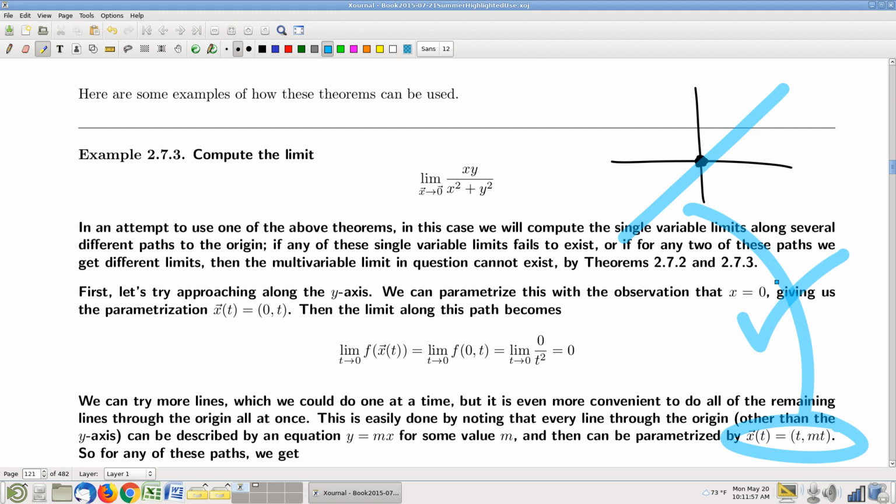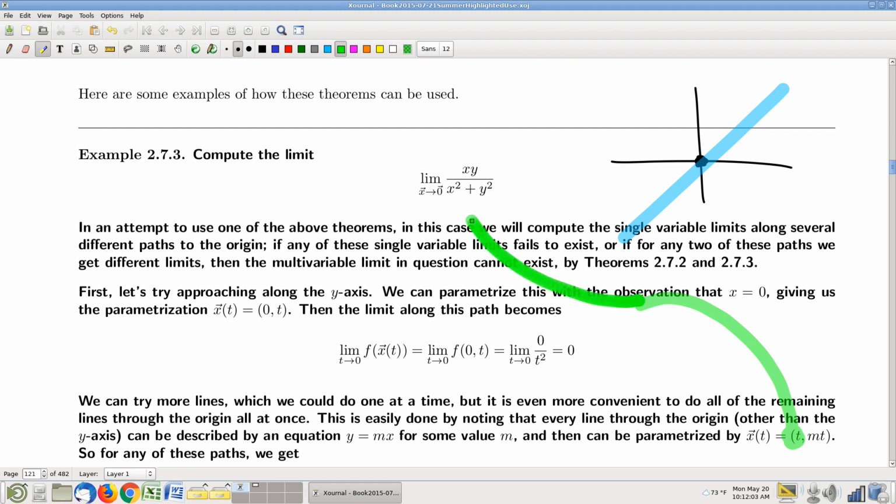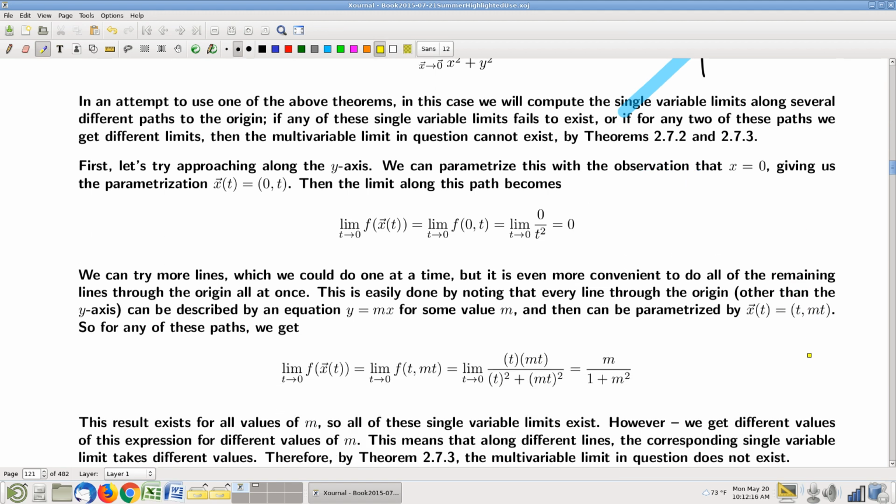Flashback if necessary to the section on parameterizations if you don't remember how to do graph parameterizations. Okay, again, remembering that a parameterization means that is your formula for x, and that is your formula for y, and plug it in, do a little bit of algebra, and you find yourself looking at that.